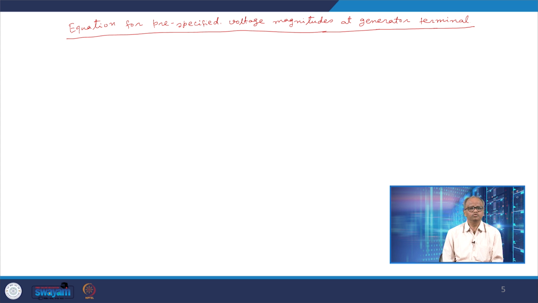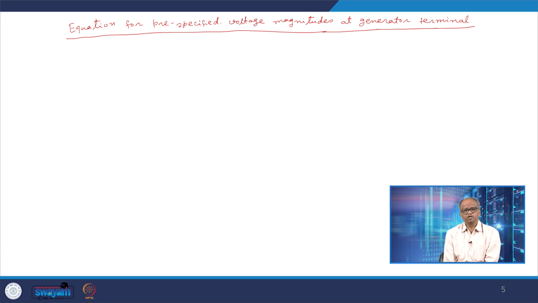So if we know the pre-specified voltage at which the generator field winding is trying to maintain the generator terminal voltage, I know what would also be the voltage of phase B and phase C. But when the generator is operating in an unbalanced mode, the voltage magnitudes at phase A, phase B and phase C will be different. I mean, they will not be equal. So when we talk about the pre-specified voltage magnitude, are we talking about three different voltage magnitudes corresponding to phase A, phase B and phase C?